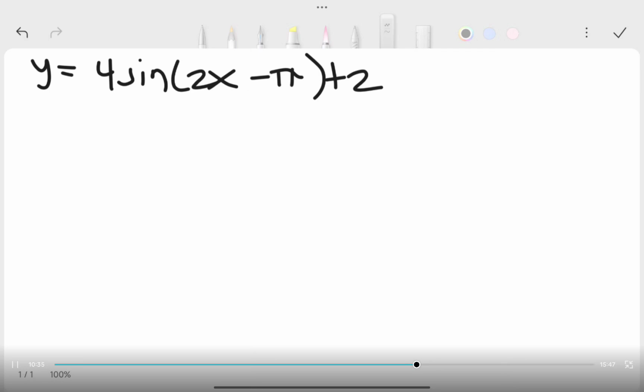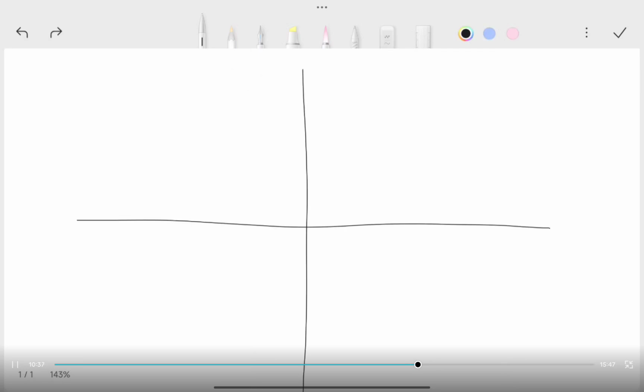So let's proceed to our graph. So here is our Cartesian plane.